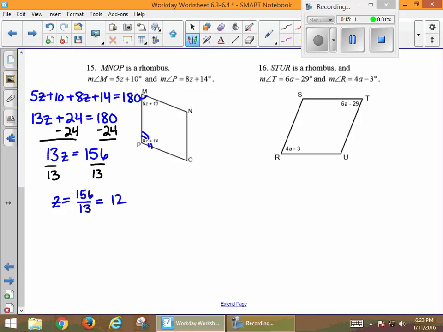And lastly, question number 16. Question number 16 says quadrilateral STUR is a rhombus. And the measure of angle T is 6A minus 29, and the measure of angle R is 4A minus 3. Just like all parallelograms, a rhombus has opposite angles that are congruent.